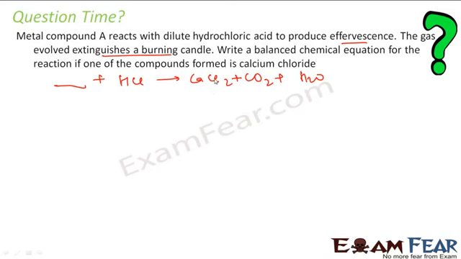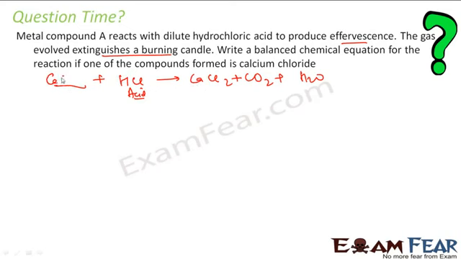Now, something that reacts with acid to give a salt plus carbon dioxide plus water is nothing but a metal carbonate. Metal carbonate reacts with acid to give salt, carbon dioxide and water.